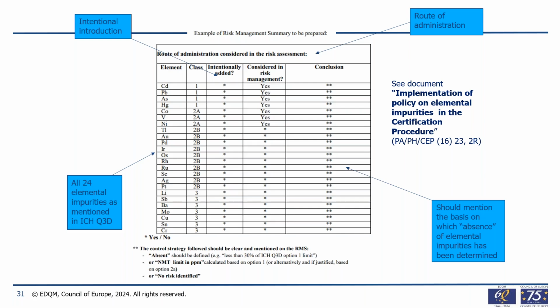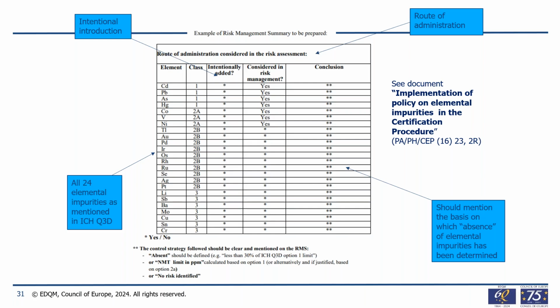And please pay attention to complete it with the necessary information on the route of synthesis, on the elements which are intentionally introduced in the manufacture of the final substance from the introduction of the starting material, and the conclusion column should be properly completed with the absence, in line with the definition of absence which is mentioned in the footnote. So it's less than 30% of the ICH option 1 limit.